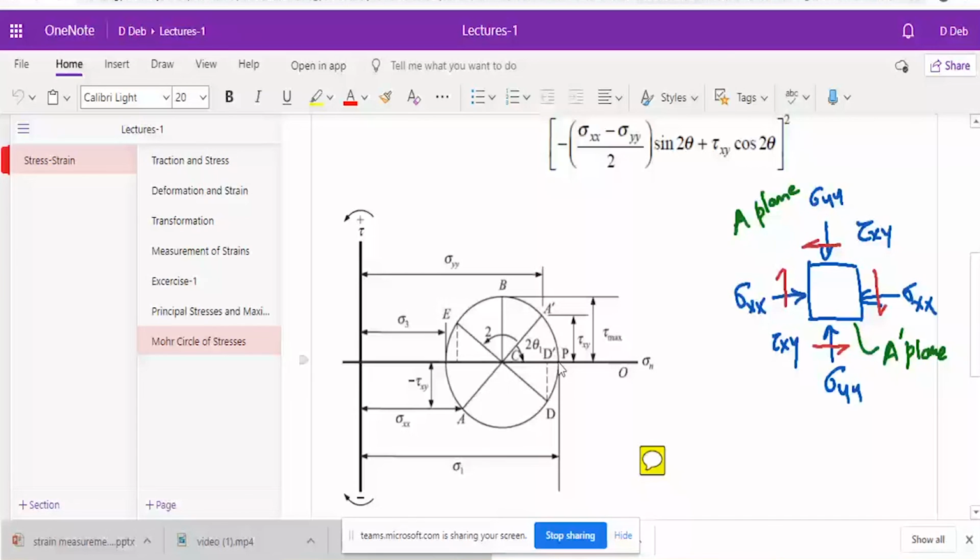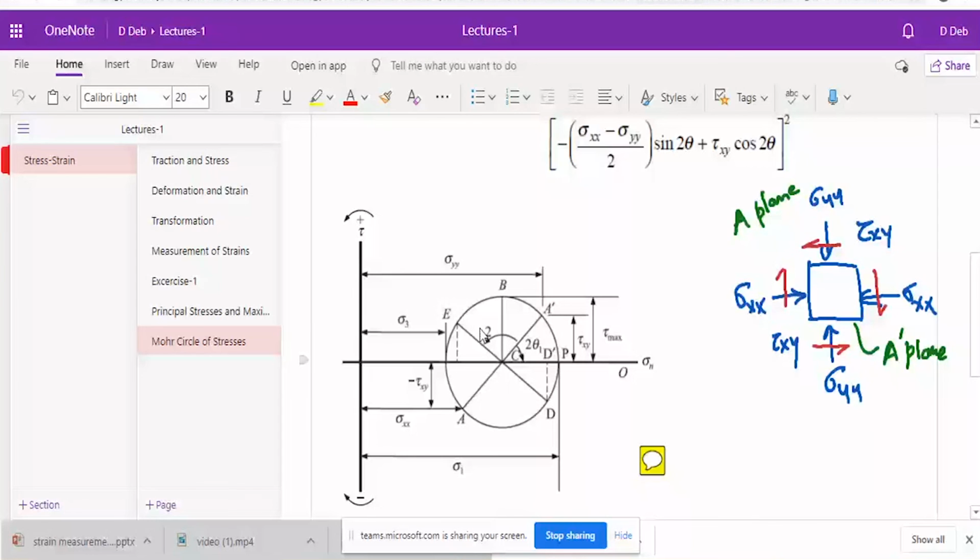So from the Mohr circle of stress, I can find any stress. Let's say I rotate counterclockwise 60 degrees. What happens to my stresses? What are the new stresses I get? Counterclockwise, so this A dash point will go to E. Then from here you draw a perpendicular to here.